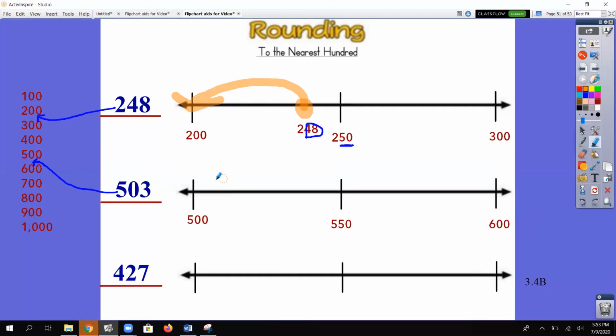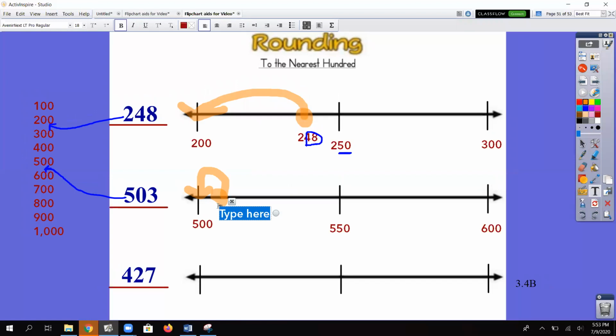Now this one's very close to this boundary number, right? 501, 502, 503. But right here, very close to it. So of course, this was pretty easy. We can tell that it's going to round there because it's closer. It has not passed the midpoint, and it's 49 or less. Put our number here, 503.